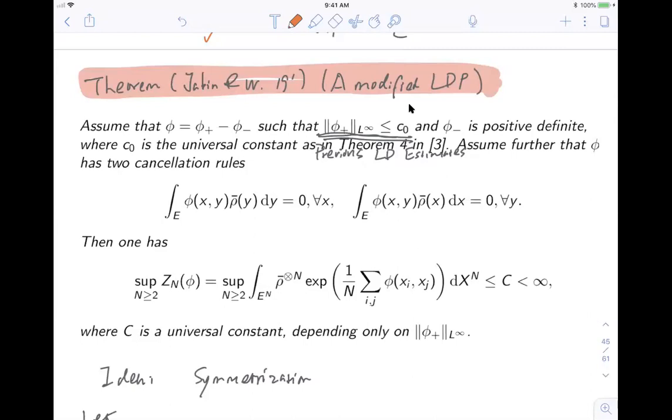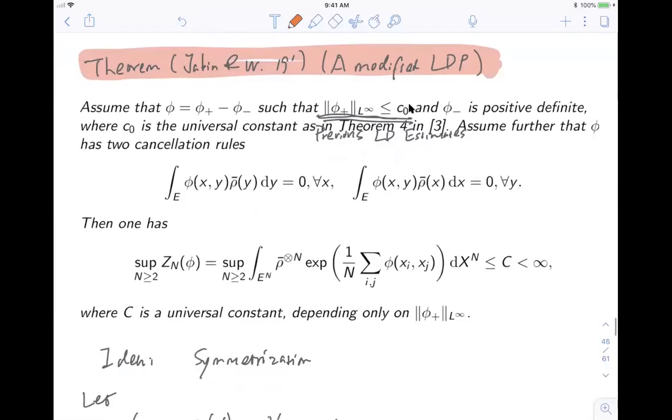Somehow we only need the assumption on the positive part, and we only need the negative part to be positive definite as an operator. The phi minus is positive definite as an operator. That means if you take x minus y, something like this. So phi minus is positive definite. It's kind of equivalent to the Fourier transform of phi minus being nonnegative or something like that.